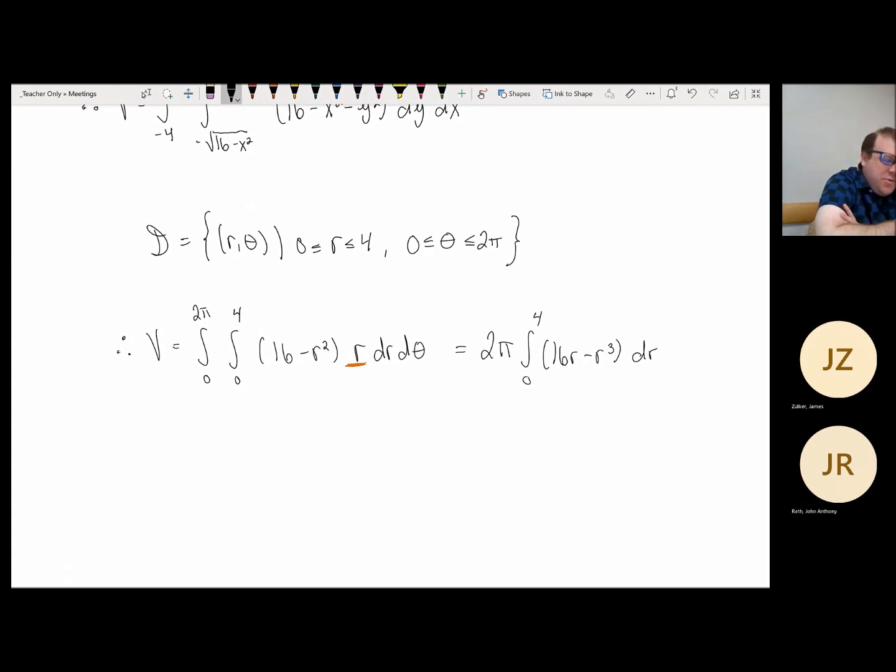Two pi times the integral 0 to 4 of 16r minus r cubed.